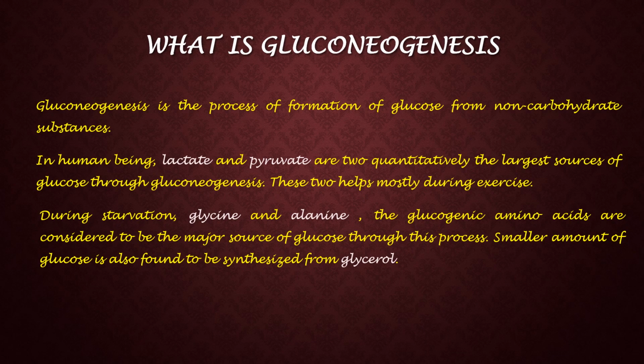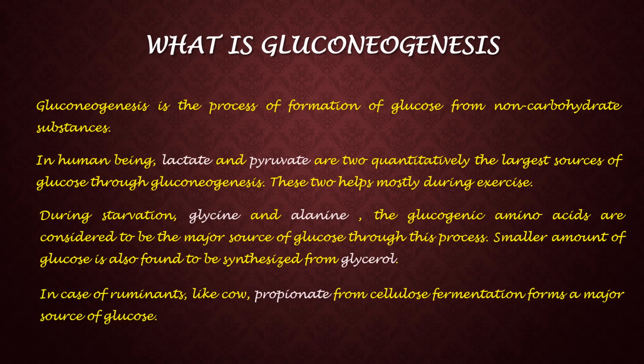So in human beings, there are 5 major sources of gluconeogenesis: glucose is formed by gluconeogenesis from lactate, pyruvate, glycine, alanine and glycerol. In ruminants like the cow, propionate from cellulose fermentation forms a major source of glucose, but that is in the case of ruminants only.